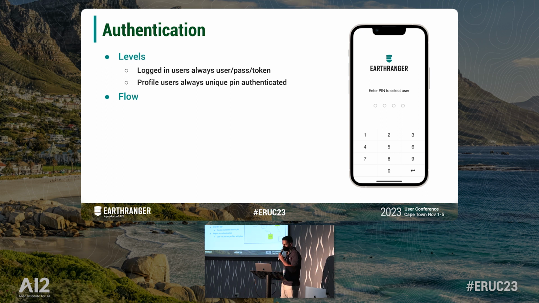So there are two levels of users. One is the logged-in user, who always authenticates with the password on the home screen for mobile. And the other one, which is the new one, is the profile user, which asks for a 4-digit PIN. So in this way, when you are a profile user, you do not need to put a password, just the 4-digit number. Consequently, profile users would not be able to log out of the app, just the authenticated ones that access with a password.